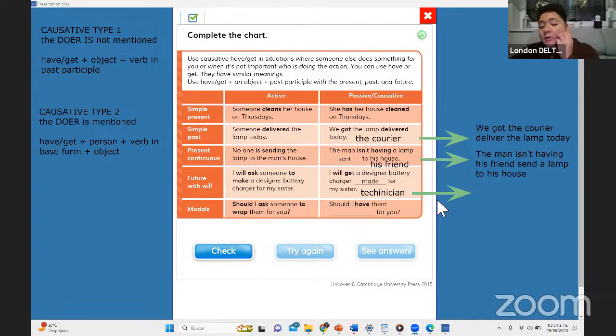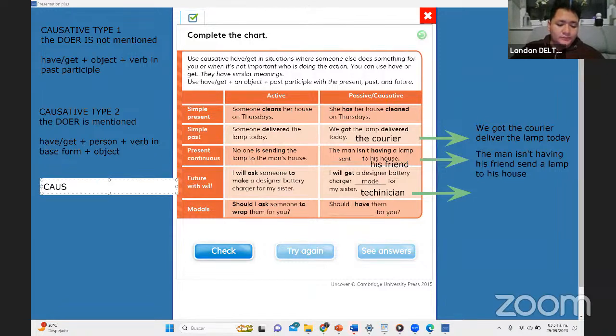So now let's see. We have a third type of causative. So this will be the causative type 3. What is the causative type 3?